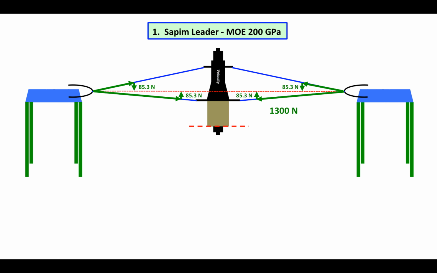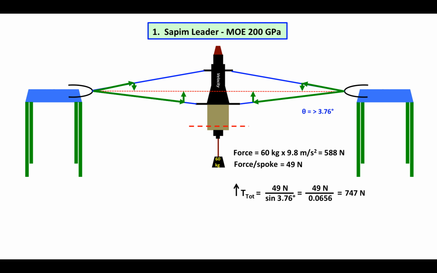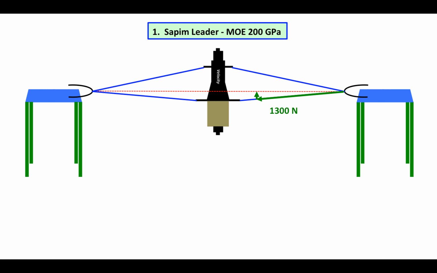So if my tension on the drive side spoke was 1,300 newtons before I loaded the wheel sideways, then it should increase to 2,047 newtons, which is the sum of 1,300 plus 747. One more picture to make sure we know what we're doing.